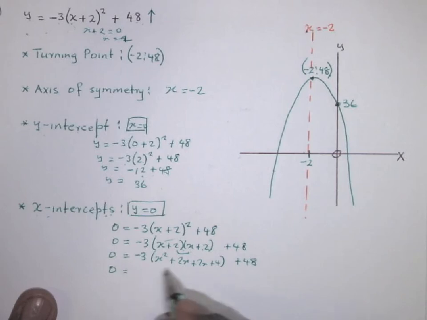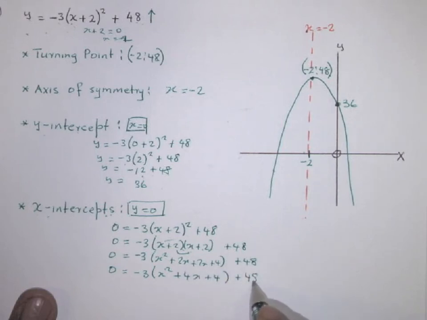So 0 equals minus 3 times (x squared plus 4x plus 4), plus 48.